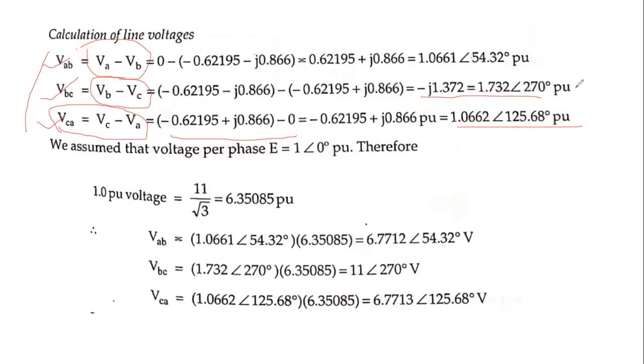Next, these voltages are converted in terms of volts. How will they be converted? The base is 11 kilovolts, therefore 11 by root 3, and that value is 6.35. Then all the VAB, VBC and VCA values are multiplied with this value. Then we obtain the VAB, VBC and VCA values in terms of voltages.